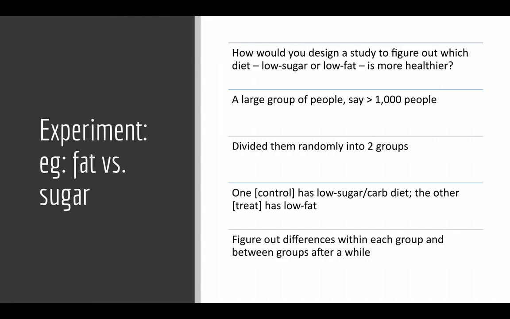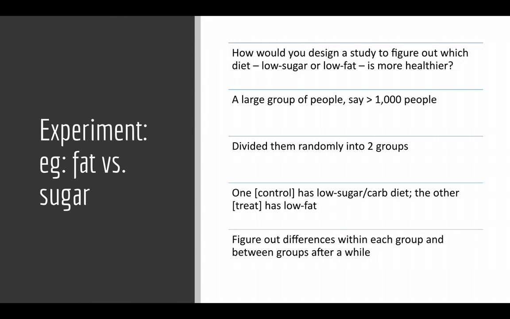Generally speaking, you can recruit a large group of people, say 1,000 people, right? Then you randomly divide them into two groups. One will be your control, who have the low sugar or low carb diet. The other is your treatment group, which has a low fat diet.